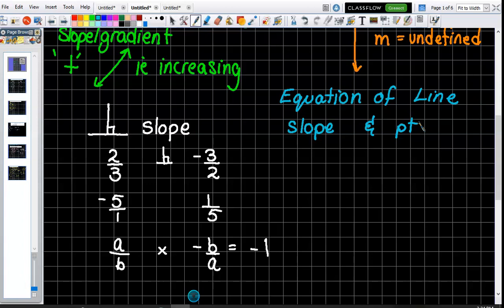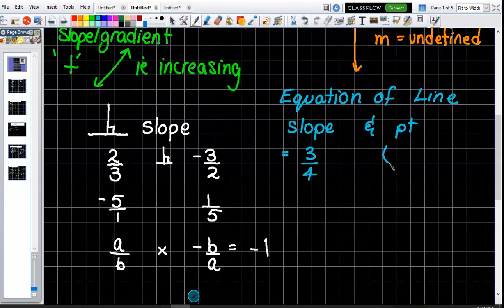Now, this is how I do it, and trust me, the Year 12s like it, and it's a lot easier. Instead of using the y-intercept form and slapping stuff in, this will work, so please trust me. All right, example, we have a slope of, give me a fraction, 3 over 4, and it passes through the point.